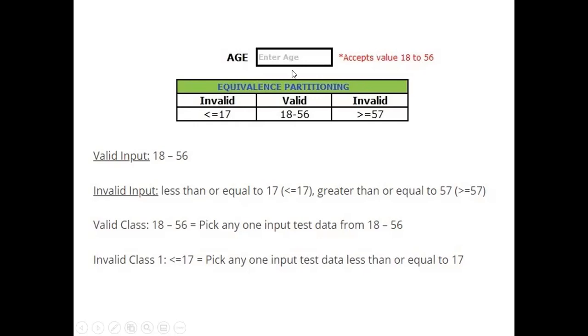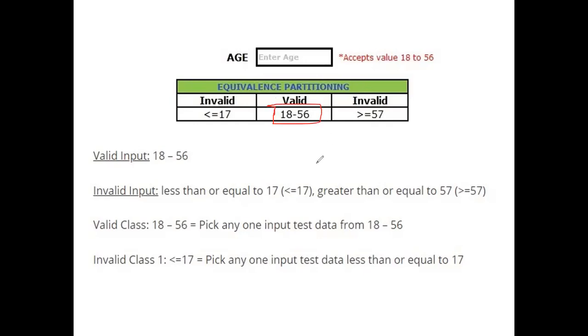Then when we do the equivalence partitioning to this input field, we have to identify the valid inputs as well as invalid inputs. So obviously the valid class or the valid input is between 18 to 56, right? You can understand that one very easily. This range is valid between 18 to 56.